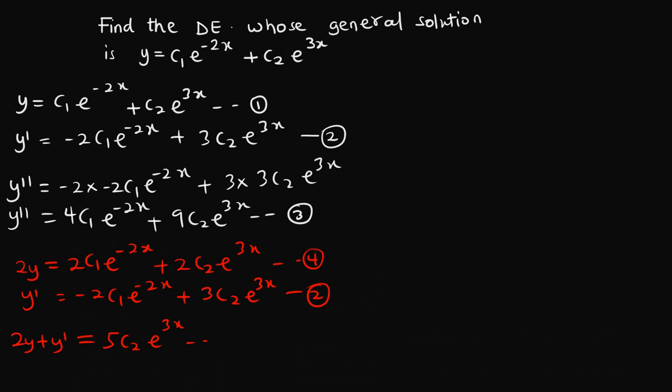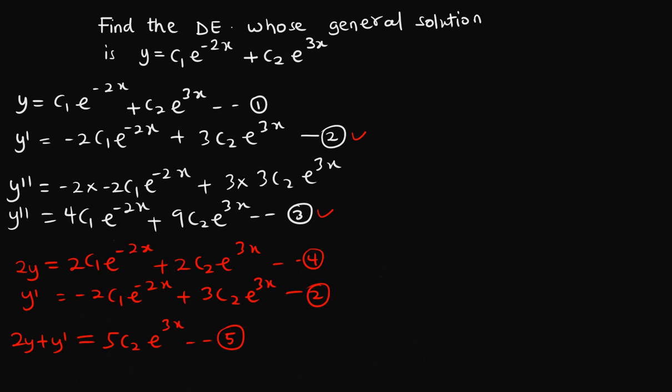Let's name this equation 5. Now we've eliminated the first constant c1 from equation 1 and equation 2. You are going to do the same for equation 2 and equation 3, eliminating c1 from them. Let's look at how you are going to do this.